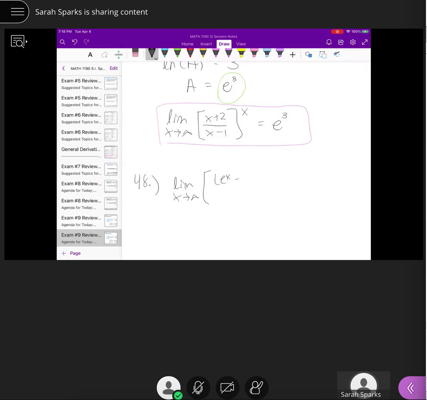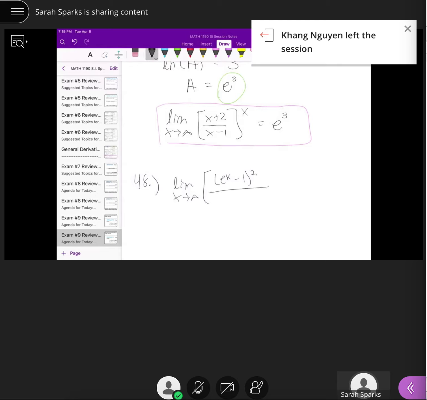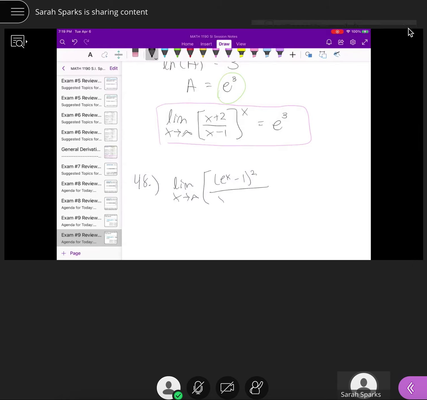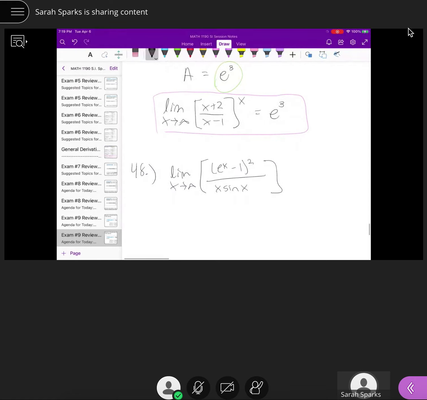So for this limit, it's (e to the x minus 1) squared over x sine x, as x goes to 0, sorry, my bad.